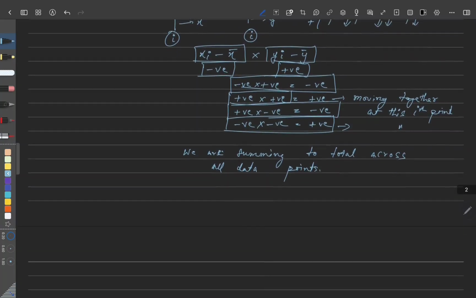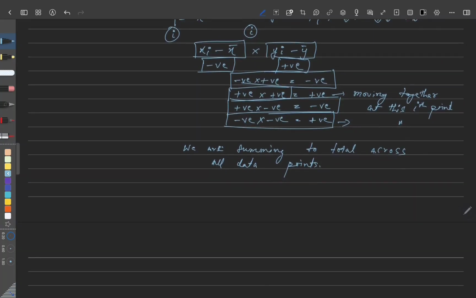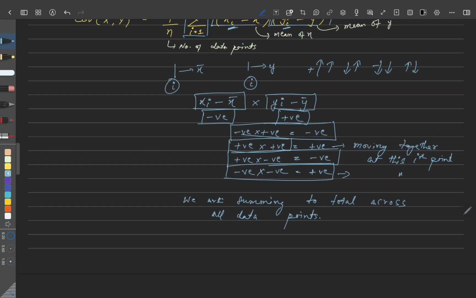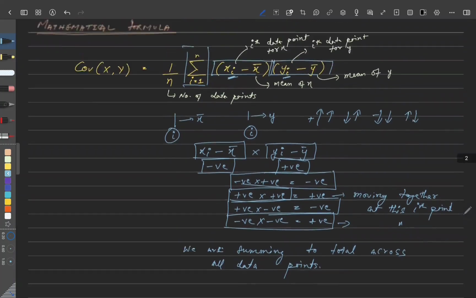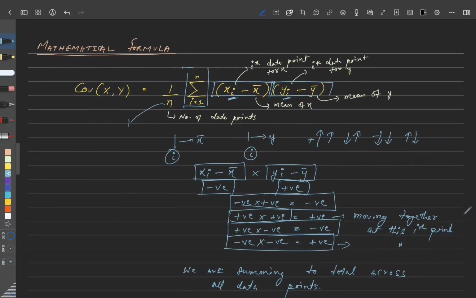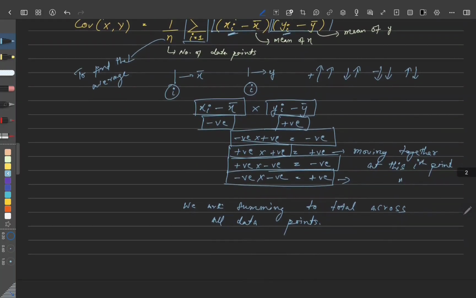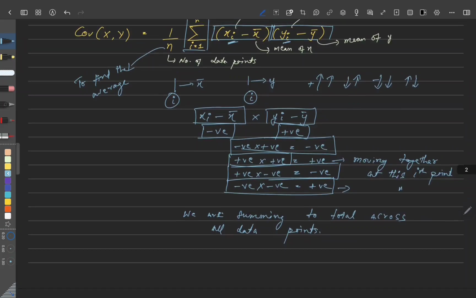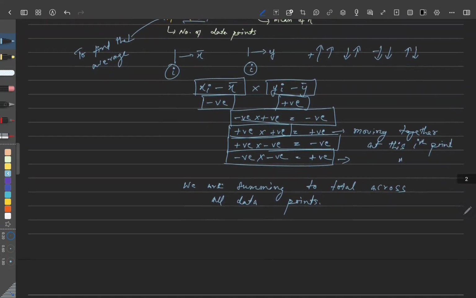And why are we dividing by n? Because we want to find the average. So basically what we are trying to do is find the average direction of both the variables together.